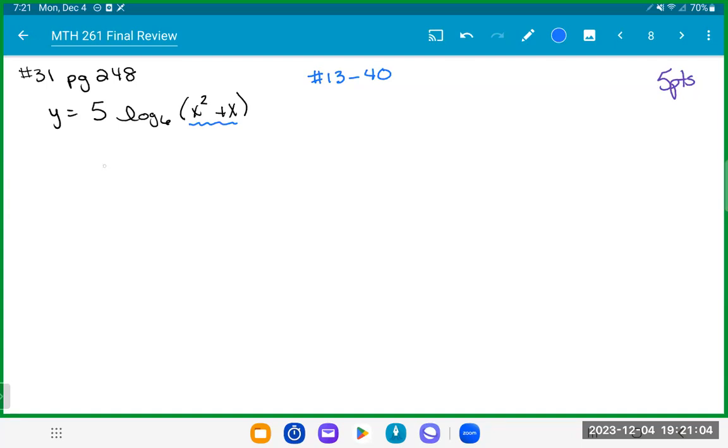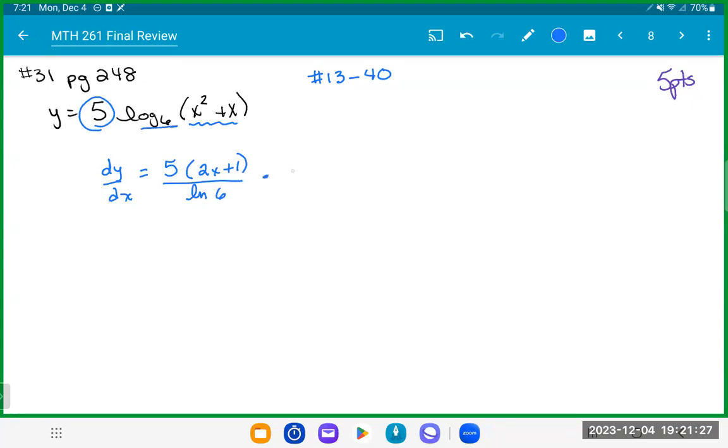And so that is going to give me my dy dx for this is equal to 5 times the derivative of what is after the log, so that is 2x plus 1, divided by ln of 6 because of this log 6 here.